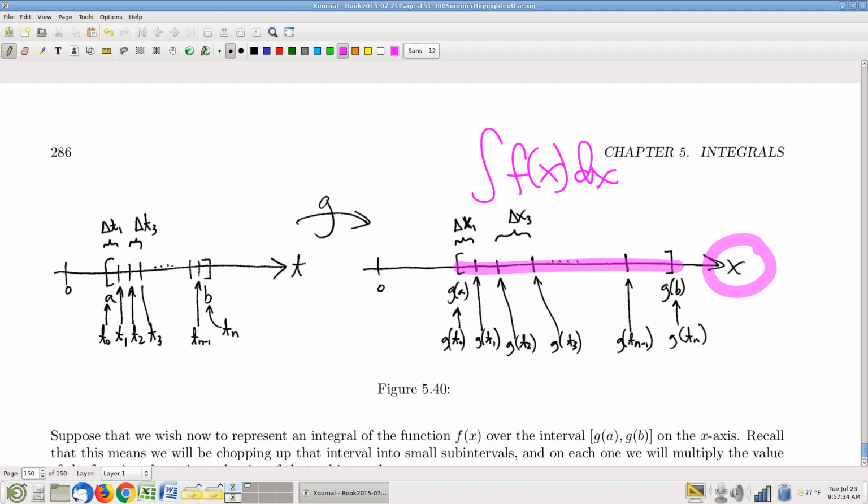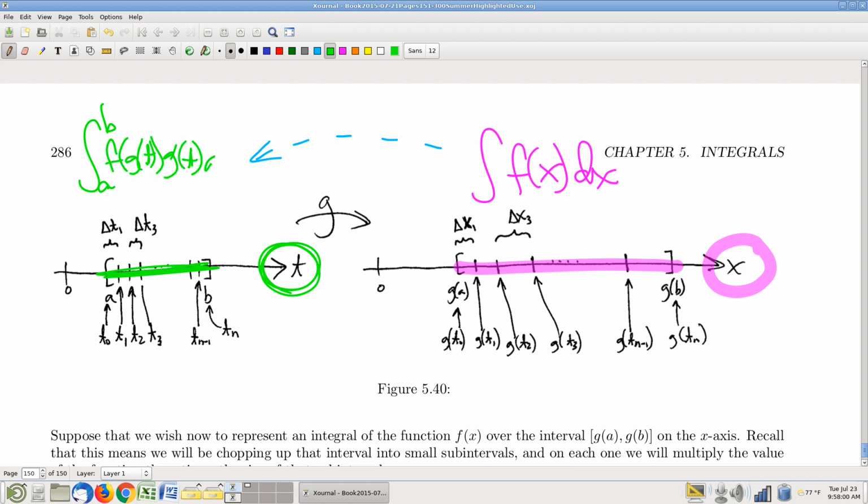After we plugged in what we know about how x's come from t's, the effect was that we turned that integral into an integral over here on the t-axis. The integral from a to b of f of g of t, g prime, and all this business here. Specifically, what I'm trying to draw your attention to is it looks like we moved backwards.